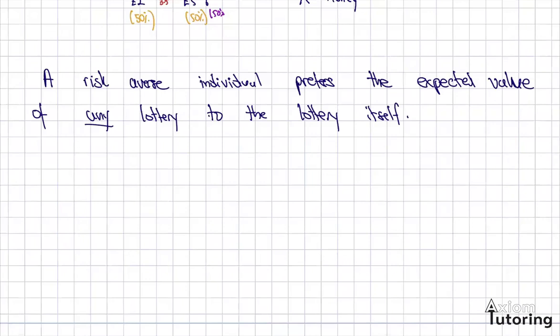And of course, no one can force you to go to the casino. And therefore, the conclusion is that a risk-averse individual, as defined, will never go to a casino. Because when presented with the expected value of a lottery and the lottery, they would always take the expected value.